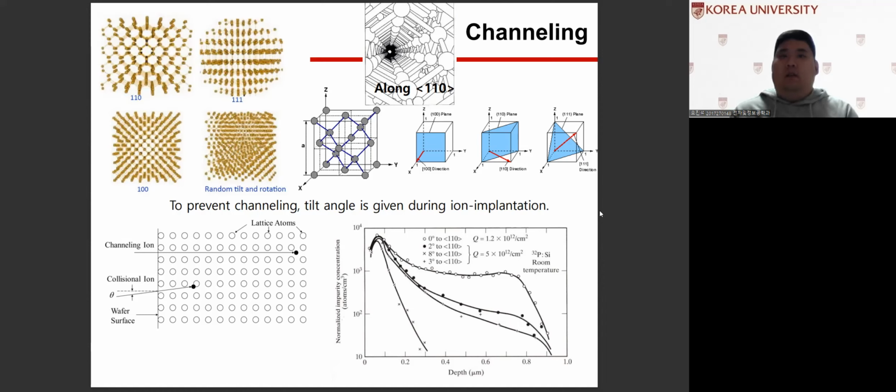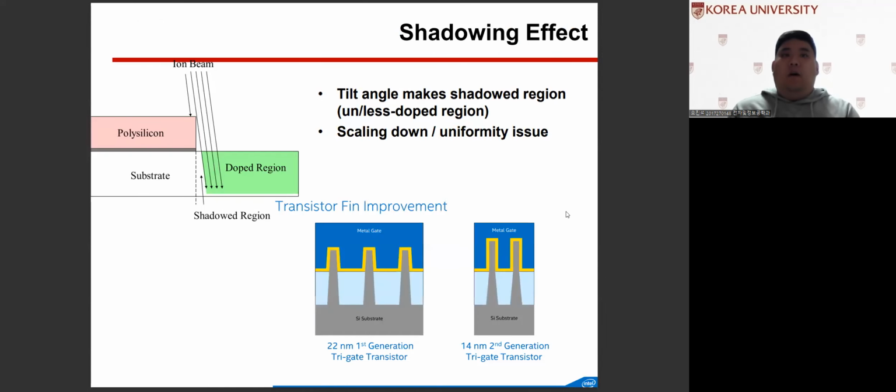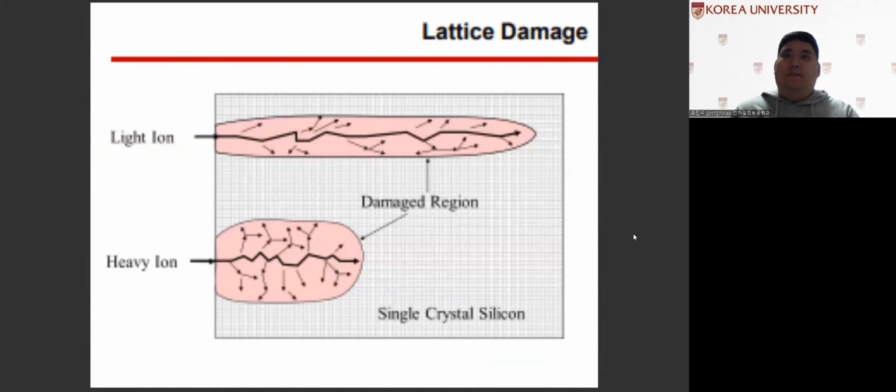However, if we tilt the device too much, there can be shadowed areas that the ion beams cannot reach. This is why we also apply the ion beam from other angles, but this makes the ion doping even harder.